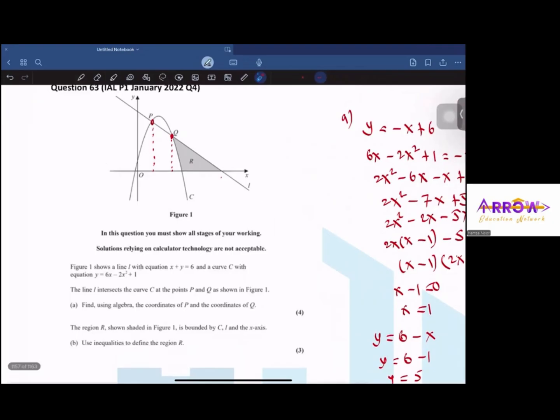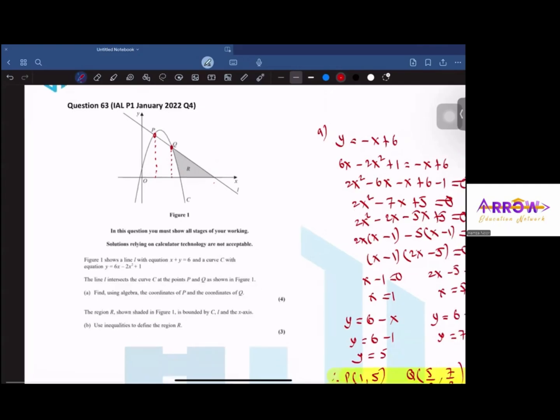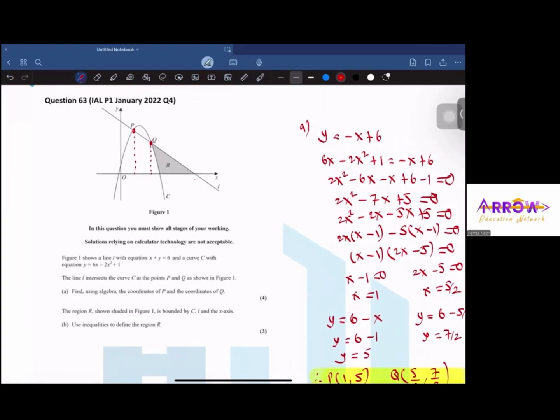Use inequalities to define region R. So as we can see, the region R is below the line, above the curve, and above the x-axis as well.